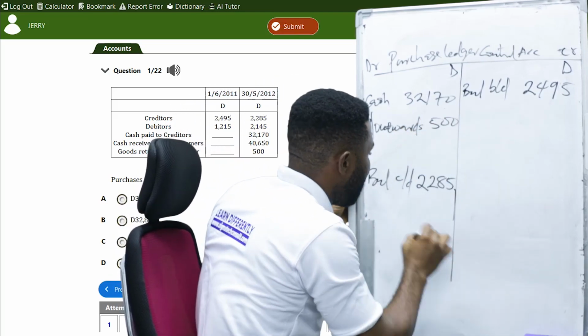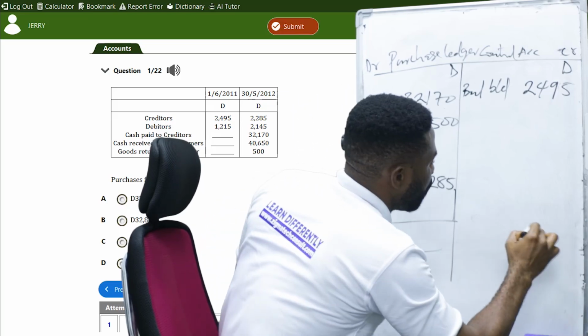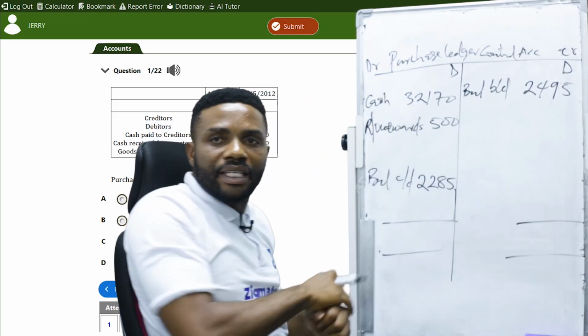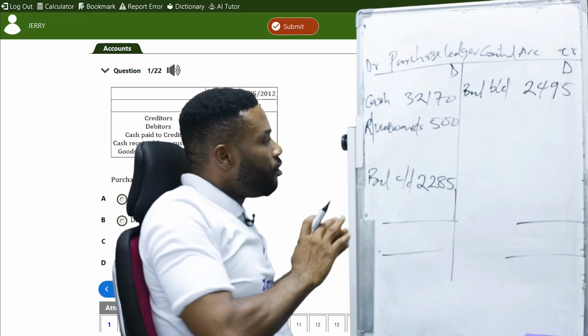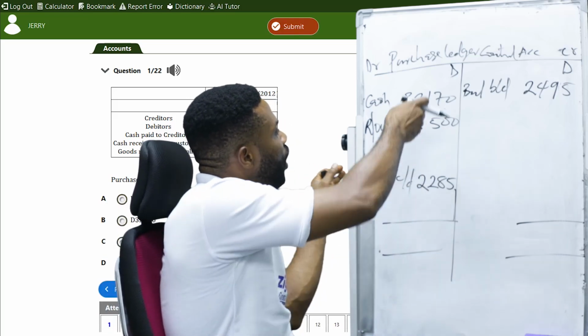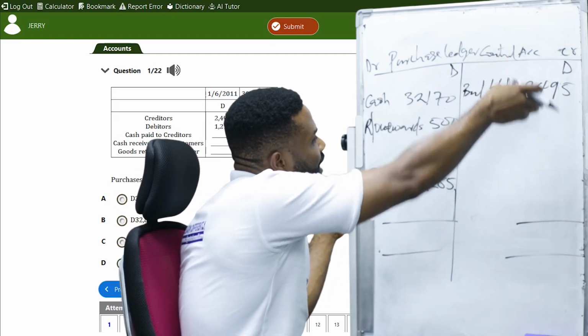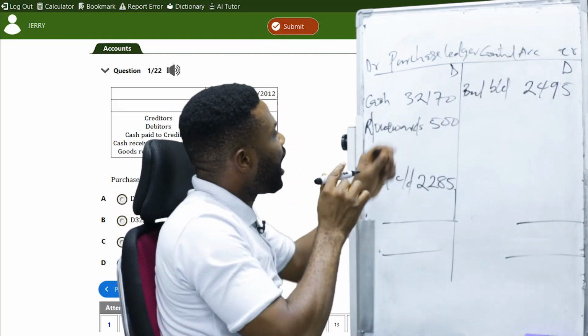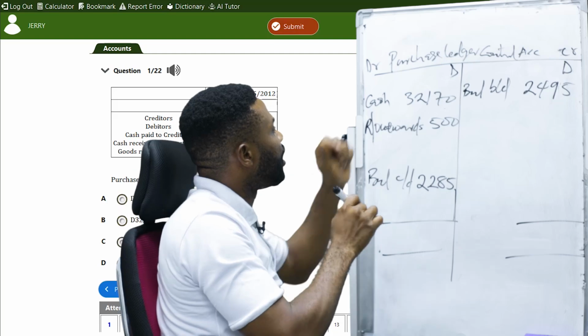So by extension now, this is how it's going to look like. Is there any other thing? No. So this is how it's going to look like. Let's add everything that we have here.